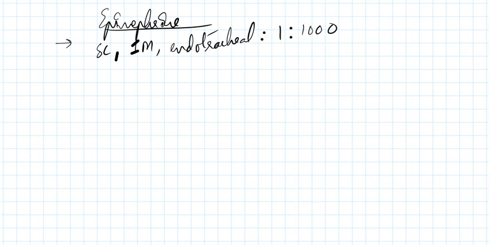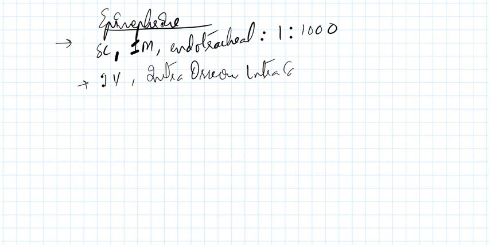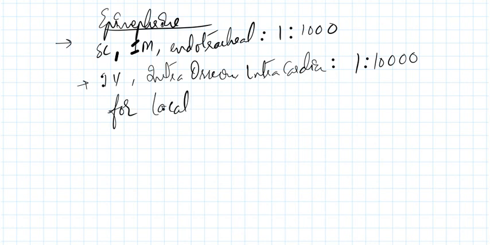If it is IV, intraosseous or intracardiac, what is the dilution that you should give? 1 in 10,000. You got it? For local vasoconstriction, you should give 1 in 1 lakh.